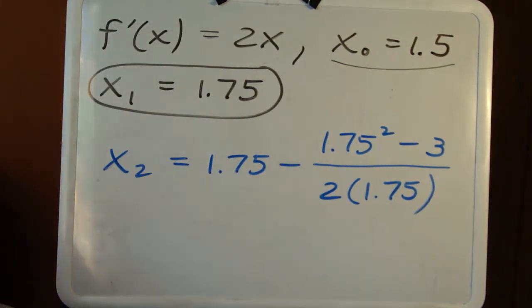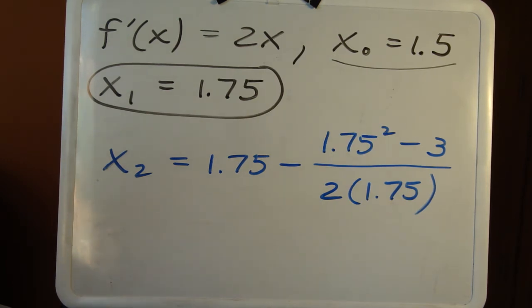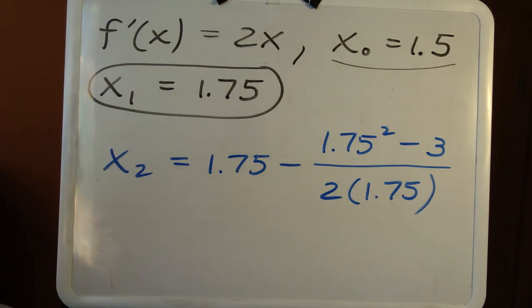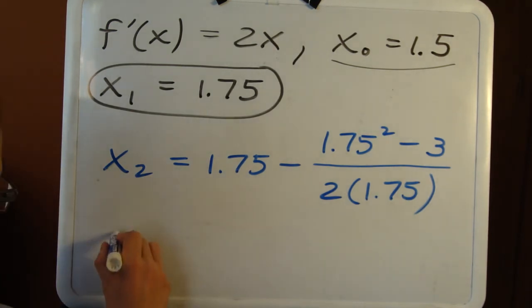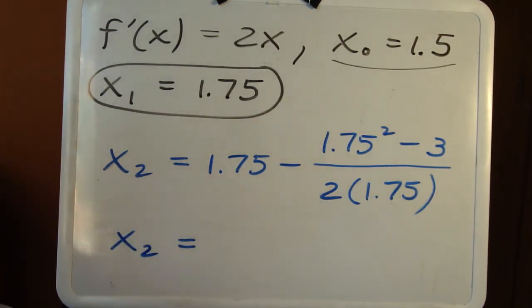What you can probably tell at this point is that this is very convenient to program. Once you enter this formula one time into a calculator or a computer, you can ask it to simply spit out a whole bunch of the values. So x2 here, when you calculate it, ends up being really close to the actual answer.